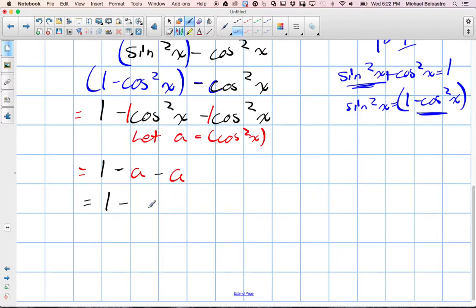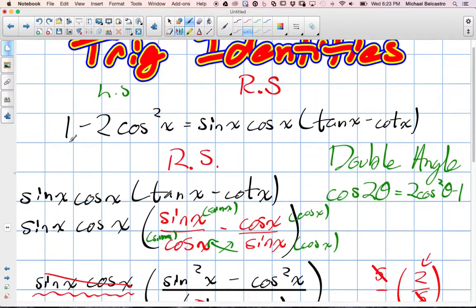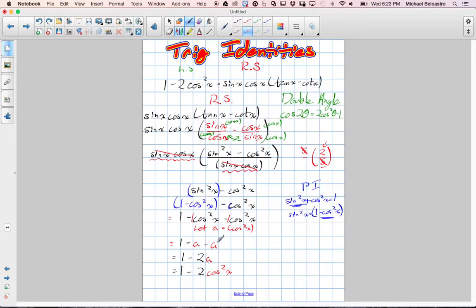So I have 1 subtract 2a. But we know that a wasn't really what we were working with. It represents something, so we can plug that value back in for a. So now we get 1 minus 2 cos squared x, and that is exactly what this side was. I thought we might be able to go here, but it turns out we found exactly what the left side was equal to.